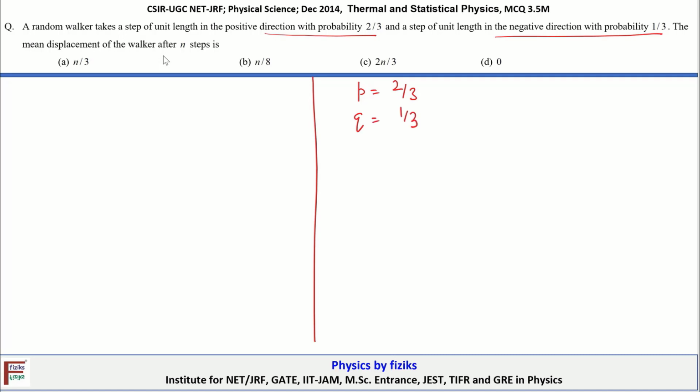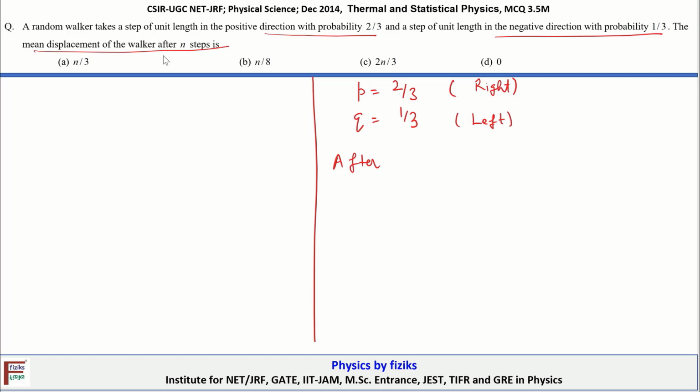Okay, so this is toward the right, and this is toward taking a step towards the left. Now after n steps, we have to calculate the mean displacement of the walker after n steps.